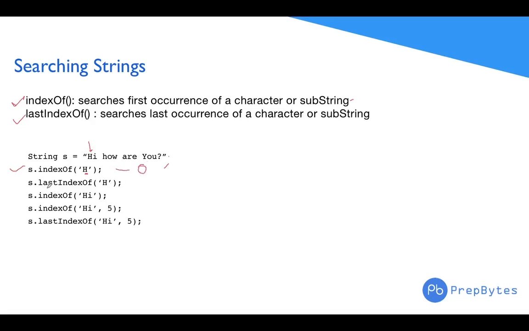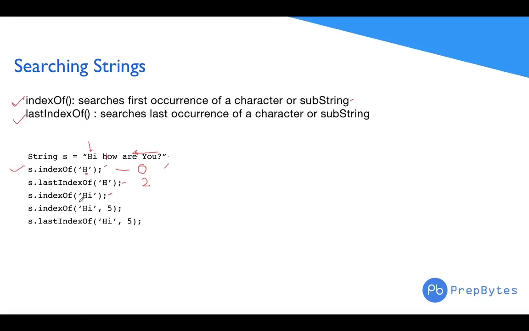And if we get lastIndexOf(h), here the last index of h is also going to be 0. Let's say the string had been something like this, then the last index of h would be 0, 1, 2. lastIndexOf starts searching from the back, and at whatever index it finds the particular character, it outputs that. We can search characters and we can also search substrings.